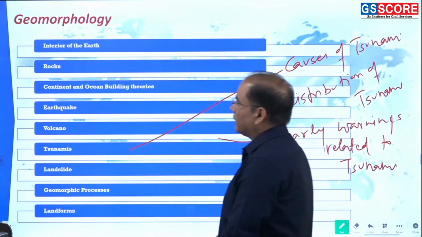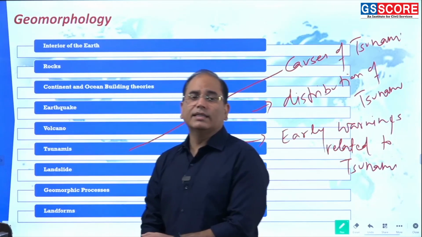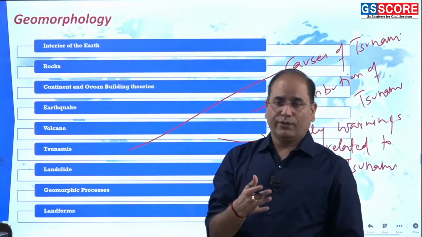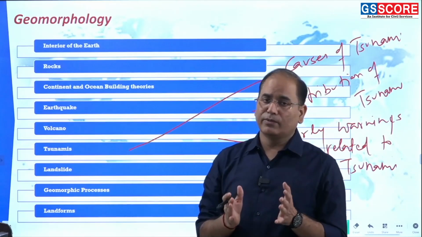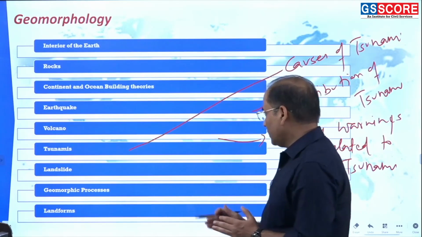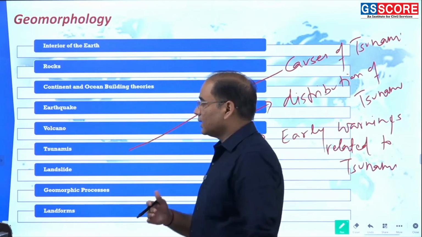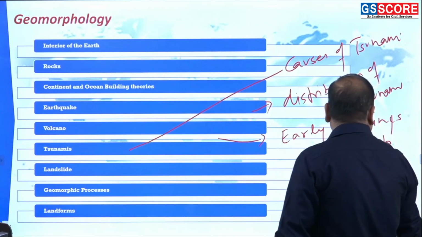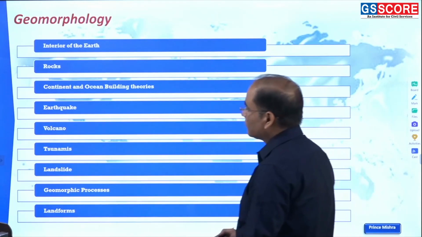So these are the topics: earthquake, volcano, tsunami. These are nothing but the extension of the plate boundary. Wherever the plate boundaries are, there only you will have the geophysical phenomena. So these are the plate margin related phenomena. These are the topics that you are supposed to study.